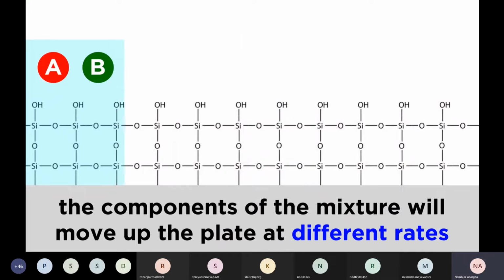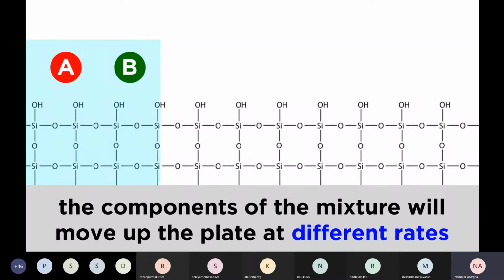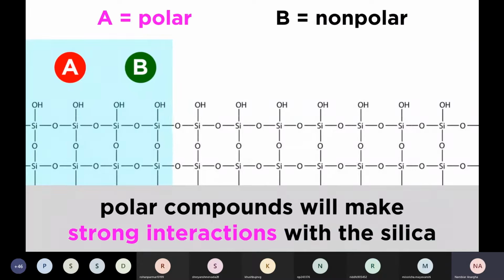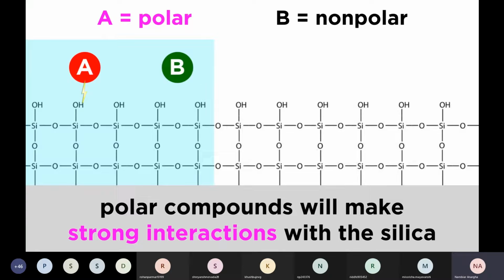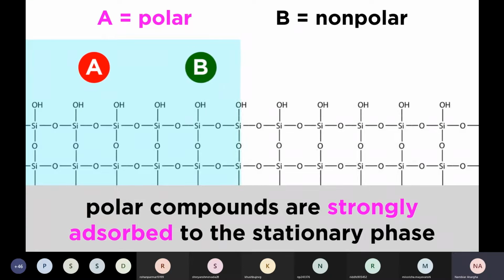However, as the components move across the plate, they will interact with the hydroxyl groups in the silica to differing degrees. A substance that has polar functional groups, or a strong net dipole, will interact significantly with the stationary phase. We can say that this substance is strongly adsorbed to the stationary phase.